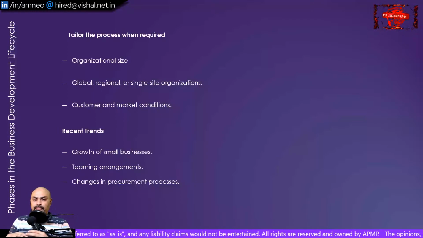But by and large, organizations have been working on these principles. So you can change the process as per the organizational size. Maybe if your organization is in a nascent stage, they have just started off with a new division, they will only have 5 or 6 people. They might not want to go for all this elaborate information.